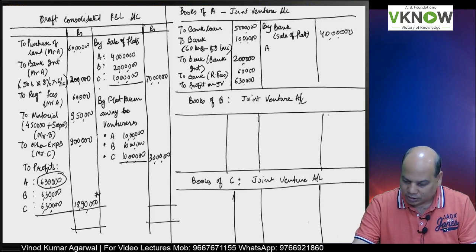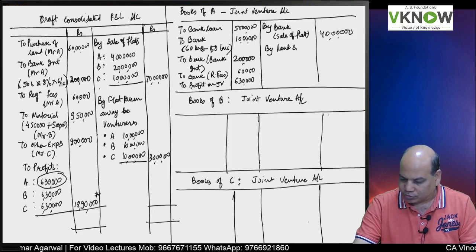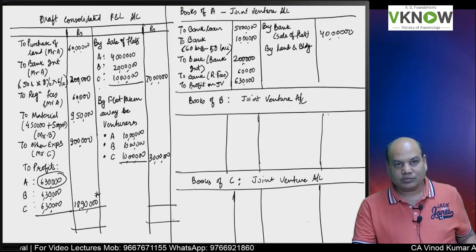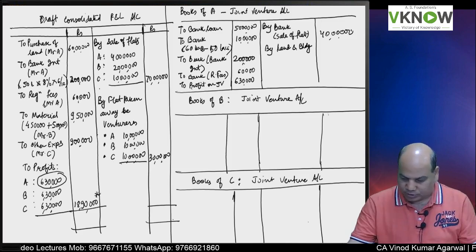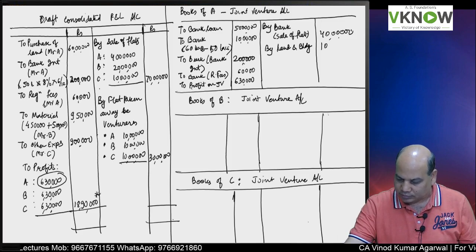Then he acquired one flat, so he will write by land and building. So in his books, land and building account will appear at rupees 10 lakh.